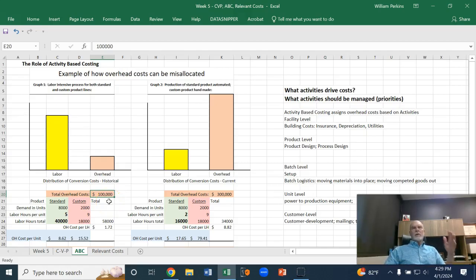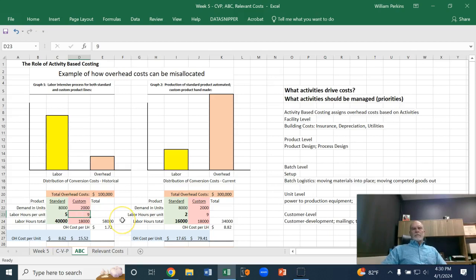Well, if we divided all that by the number of labor hours, we would get $1.72 per labor hour. That's 100,000 divided by 58,000 hours, $1.72 per labor hour. So that means that each of the standard units would be assigned 5 hours of overhead, and each of the custom units would be assigned 9 hours of overhead.